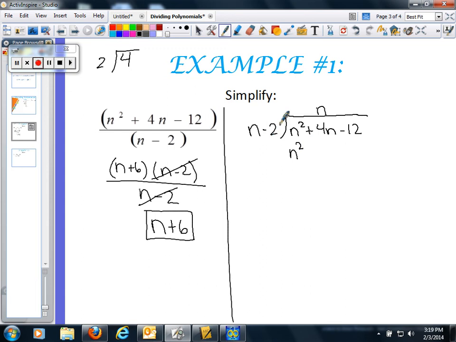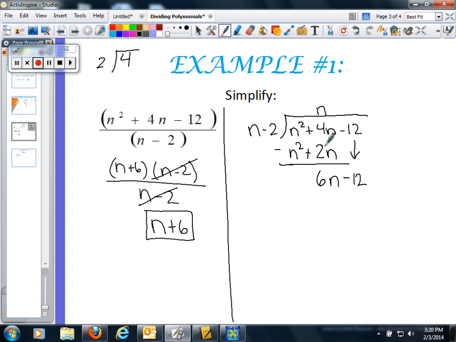Now, where this negative 2 comes into play is when I do the multiplication, just like we did with our numbers. When I multiply the n times n to get n squared, I'm also going to multiply the n by the negative 2 to get negative 2n. Now I am going to subtract, which makes that a negative and this a positive. So that means this is 6n, okay? And I'm going to go ahead and bring down my 12.